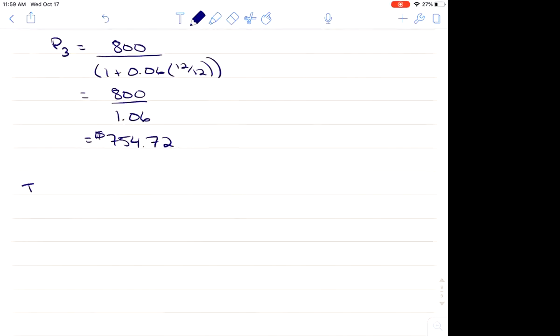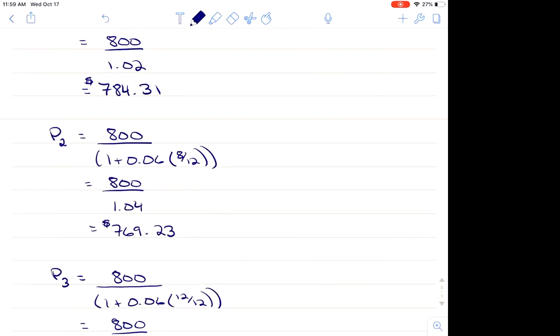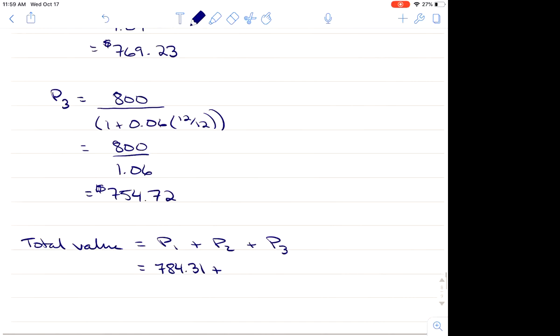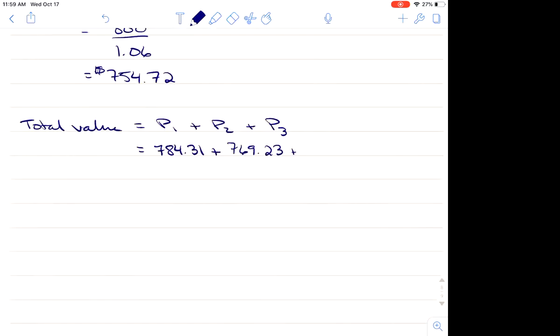So the total value is P1 plus P2 plus P3. P1 was 784.31. Plus P2, which is 769.23, plus P3, which was 754.72.